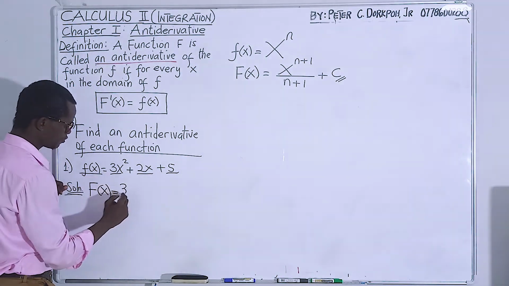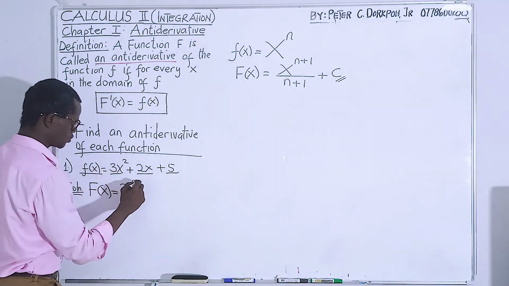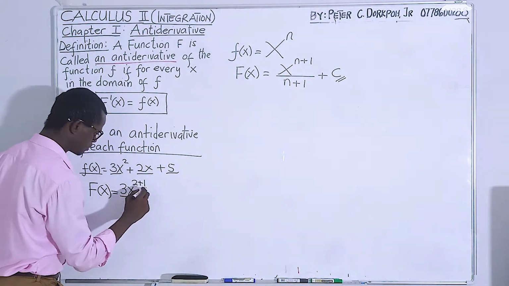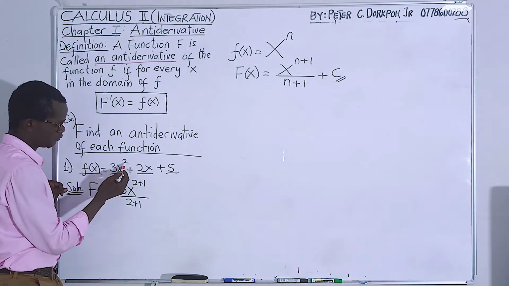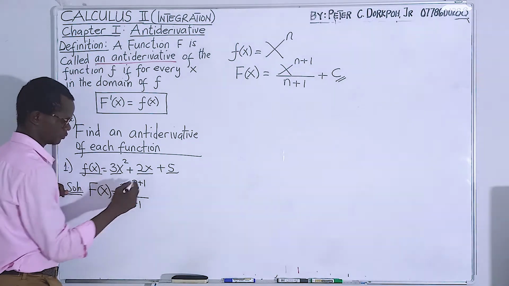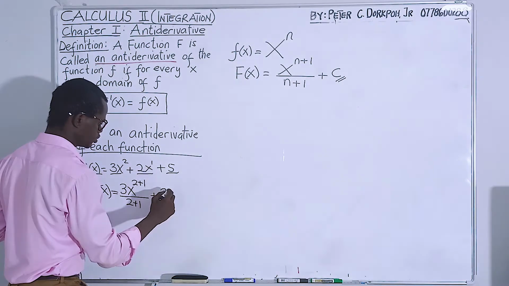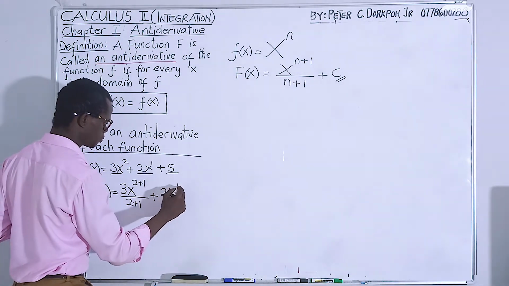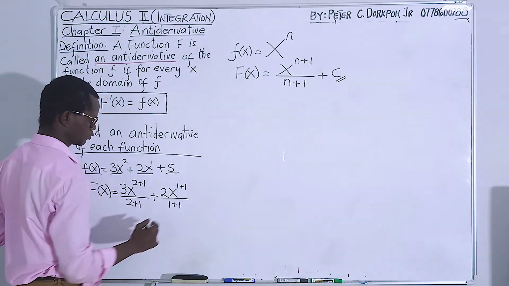We have 3x raised to the power 2, so we add 1 and divide by the new power, 2 plus 1. For the antiderivative, we are not bringing the power down like we did in the derivative. Then we have plus 2x, where the power is 1, so it's x raised to the power 1 plus 1 all over 1 plus 1.